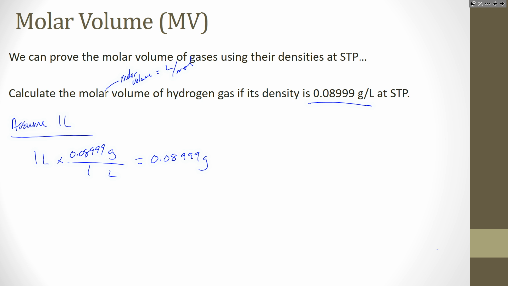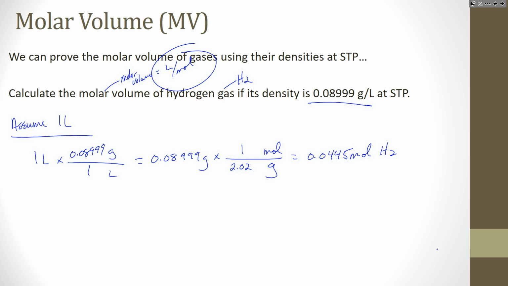So now, if we have that many grams and we want to find out how many moles that would be, let's cancel out grams. We know from the periodic table that 1 mole of hydrogen gas is 2.02 grams, because hydrogen gas is H2. So when I divide this out, I get 0.0445 moles of H2.